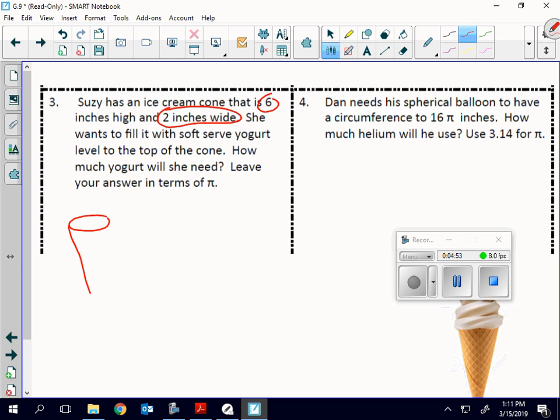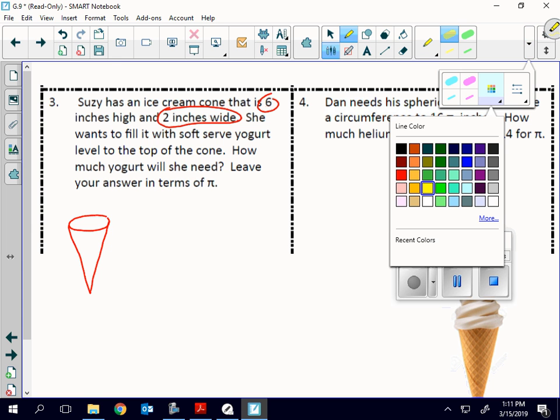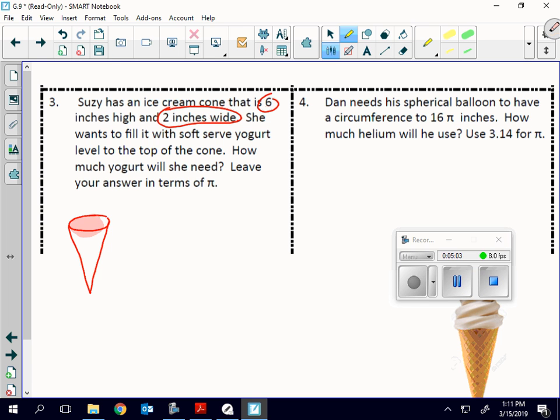Here's our cone, and here's our pink yogurt, only going up to the top of that cone. Everything in that cone.